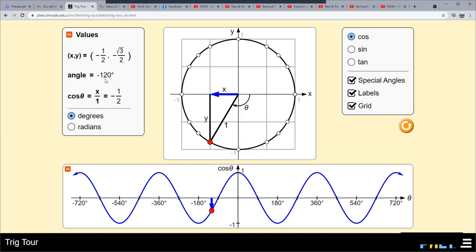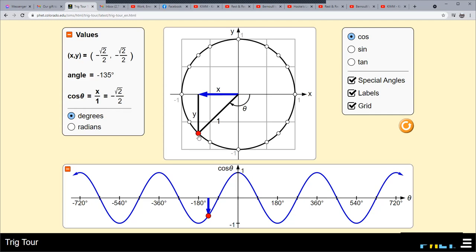Moving it farther, now we have negative 120 degrees, located in the third quadrant, wherein you have a negative value for both x and y. You have negative 1/2 for x and negative square root of 3 over 2 for y.